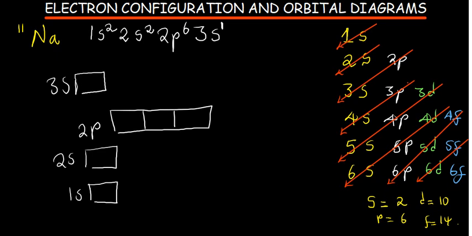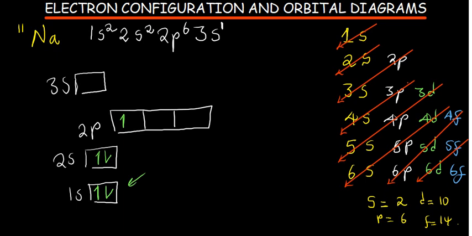Okay, when I write this now, I'll start filling. Remember, I've got 11 electrons. First fill the lower energy orbitals; according to Pauli's exclusion principle, they should have opposite spins. According to Hund's rule, if you come to the 2p, these are degenerate, so first fill them singly. So remember, we filled 2, 4.